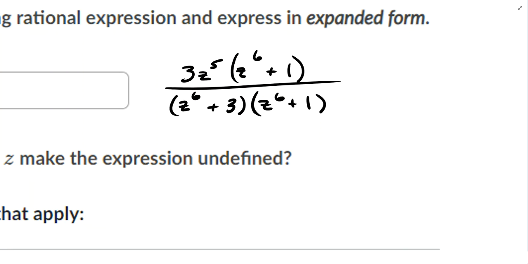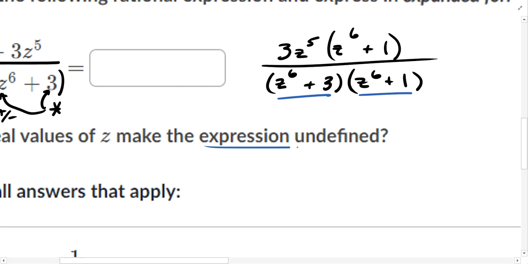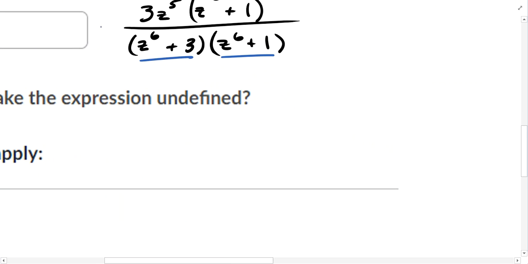So before I go any further to simplify, now's the time when I always check for my excluded values, or the values of z that make the expression undefined. That occurs when each of these factors that are in the denominator currently are set equal to 0. So when z to the 6th plus 3 is set equal to 0, we can subtract 3 from both sides.